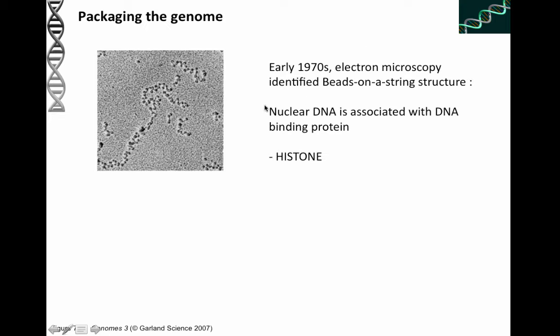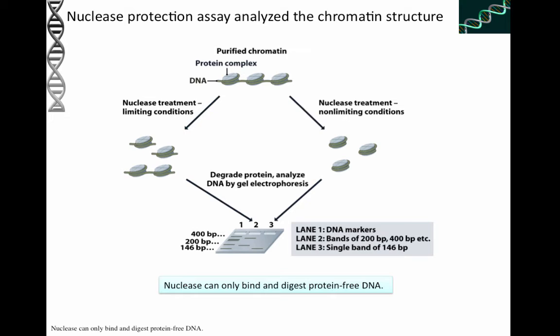Now we know this bead structure is composed of histone molecules in polymer binding. The assay they used to discover the bead on a string structure and see what the components are was a nuclease protection analysis. This assay is commonly used to determine the binding location of a protein.